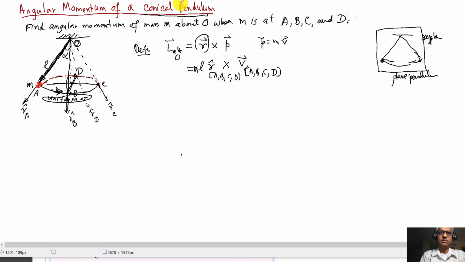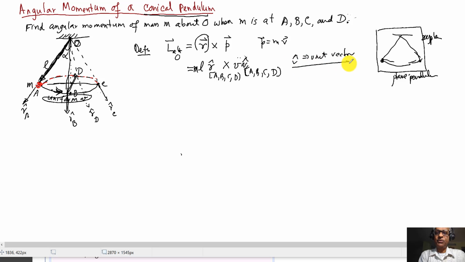So this will just be speed times, let's call it v hat, for the unit vector. V hat is a unit vector.